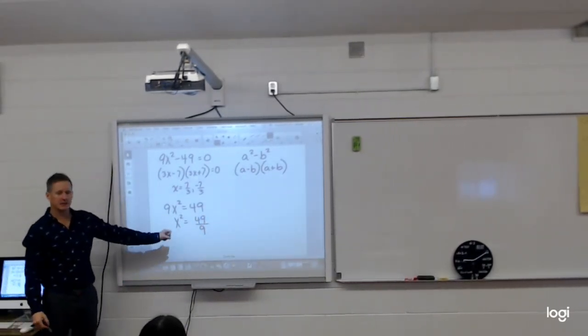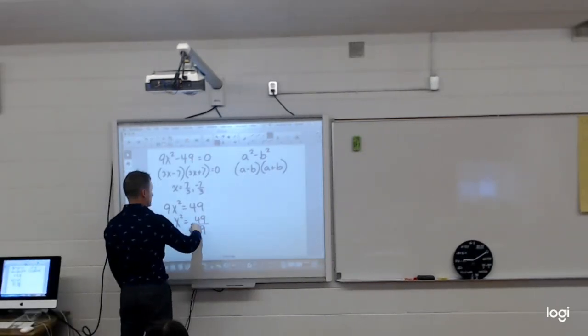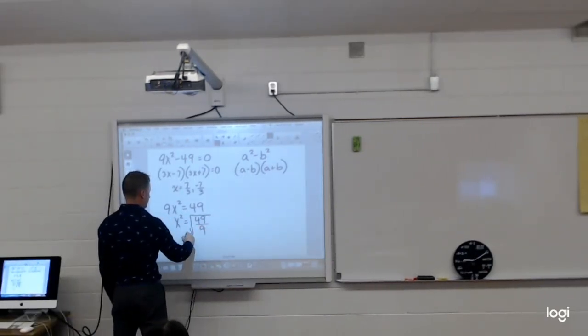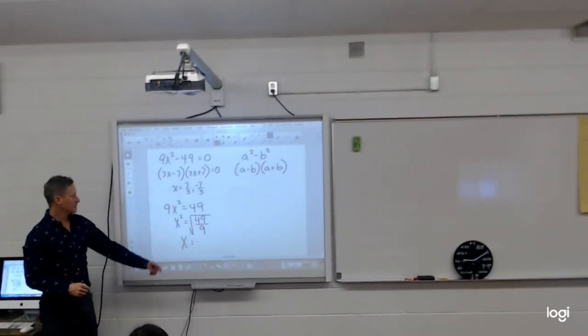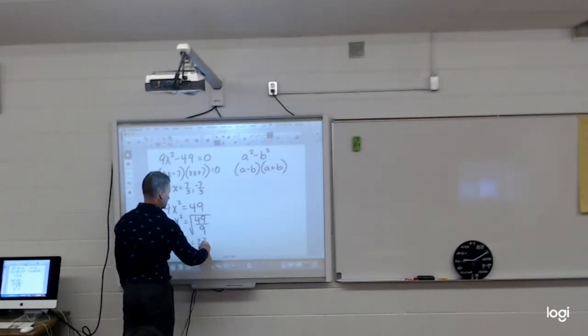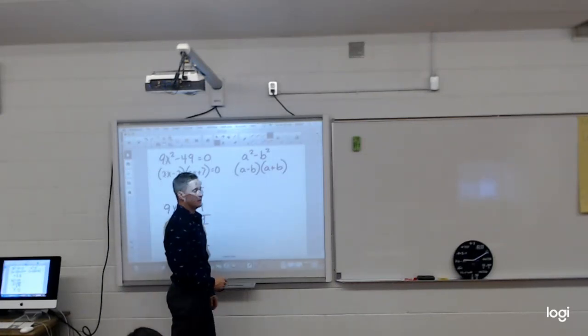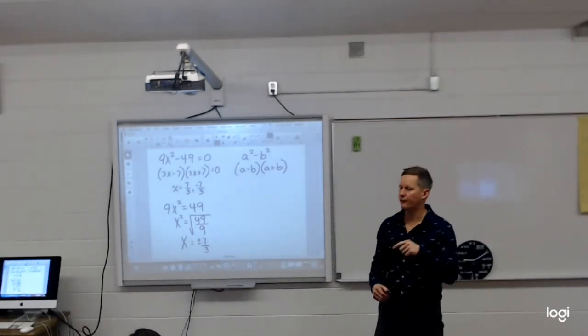How do I get x squared to become an x? Square root it. So when I square root that, what's the square root of 49? 7. The square root of 9? 3. I also add in plus minus on this. Why is that?